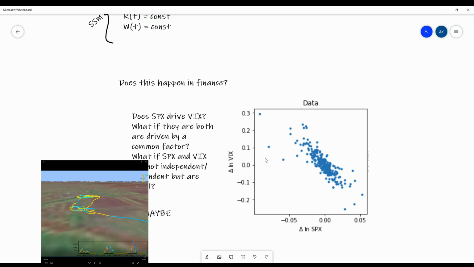And I could easily see a situation where, if not equal, then at least this relationship is not one way. It's not from SPX to VIX only. There is some leakage from VIX to SPX. If VIX is very high, it will cause SPX movements to jitter more, right? So there is some sort of a bi-directional relationship, and maybe in this case orthogonal regression would be appropriate, right?